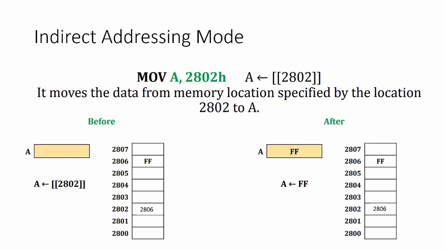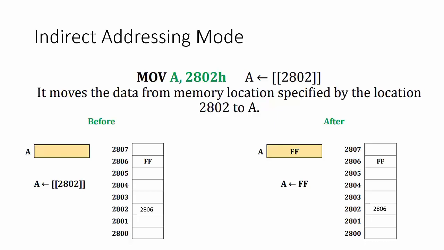So 2802 contains 2806, which is again a memory location. So we go to the location defined at 2806, and we can see that 2806 contains FF. This is the hexadecimal data.